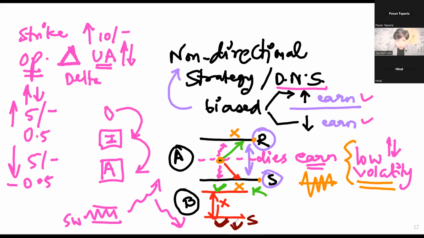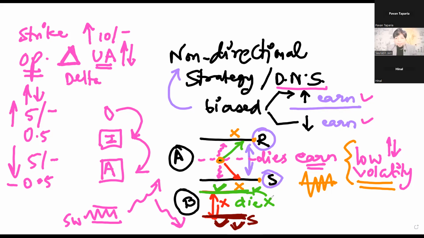So either it goes down beyond this level, or it goes up above this level. It can do whatever, but it will never stay within this range. But I still don't know which side it's going to be.